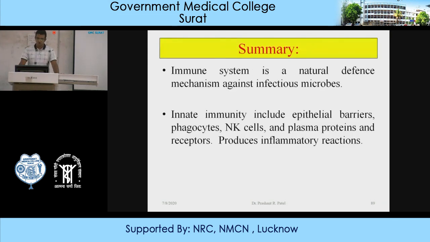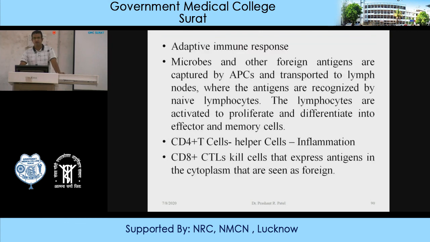In summary, the immune system is basically a natural defense mechanism against various infectious agents. Innate immunity includes epithelial barriers, phagocytes, NK cells, and plasma proteins and their receptors, which produce inflammatory reactions by activation of various pathways like NF-kappa B and interferon regulatory factors.